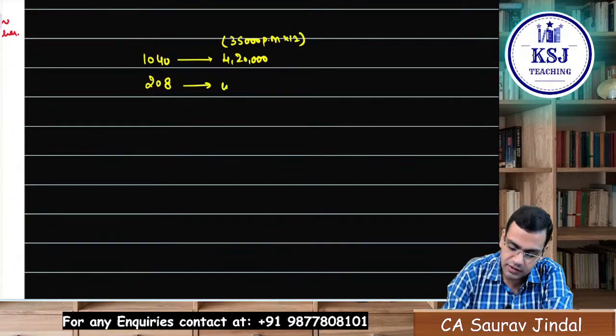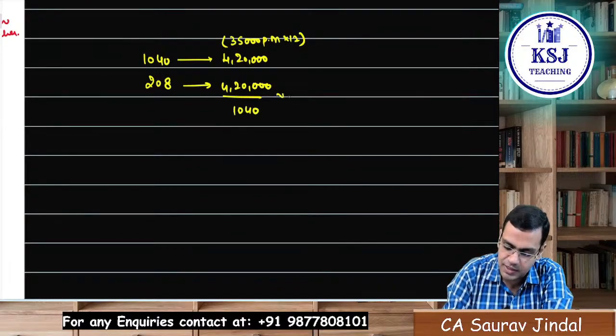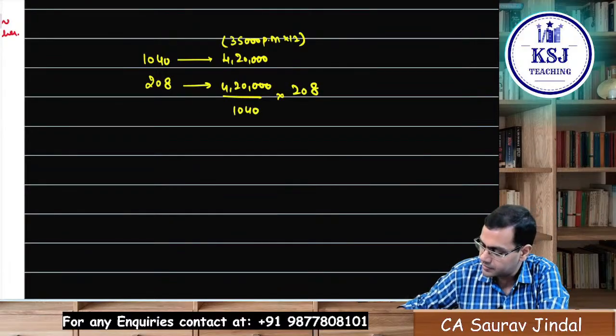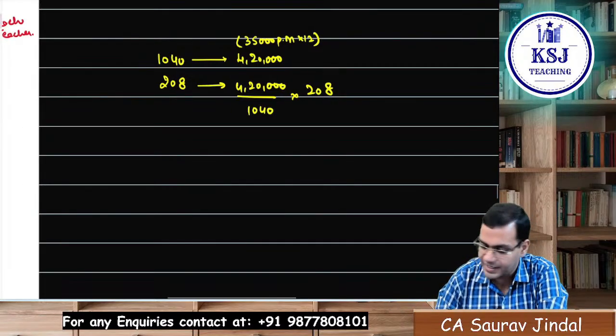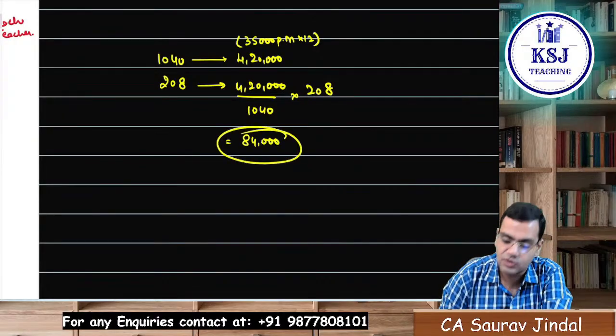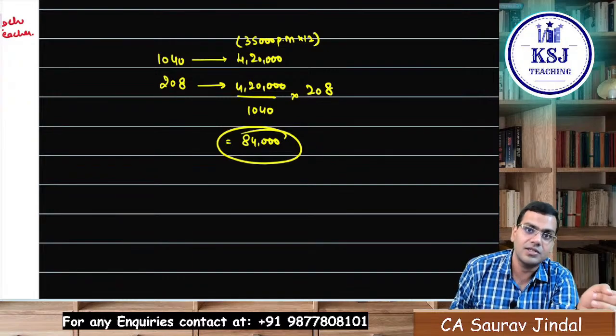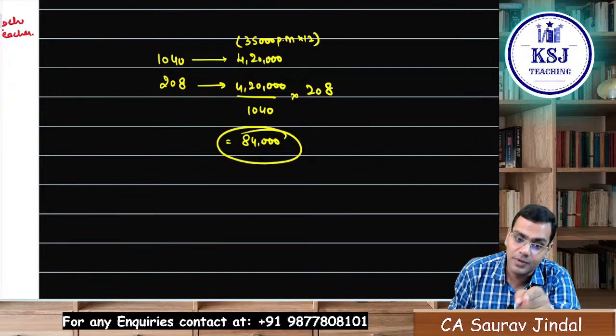How much? 4,20,000 divided by 1040 multiplied by 208. That is 84,000. Now this 84,000 worth of cost should not be there in the arts stream. It should be there in the commerce, right?